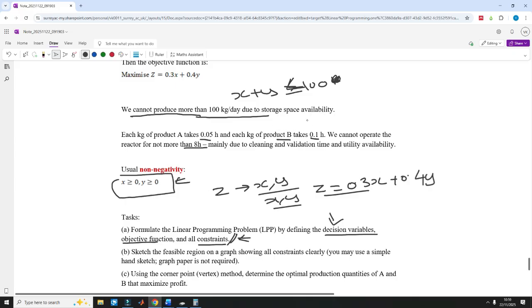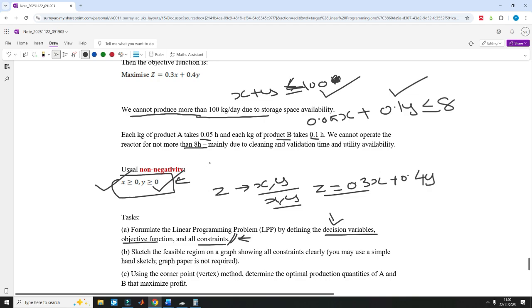So 0.05 multiplied by X plus 0.1 multiplied by Y should be less than or equal to 8. This is one linear inequality, this is another linear inequality, X greater than or equal to 0 is another, and Y greater than or equal to 0.